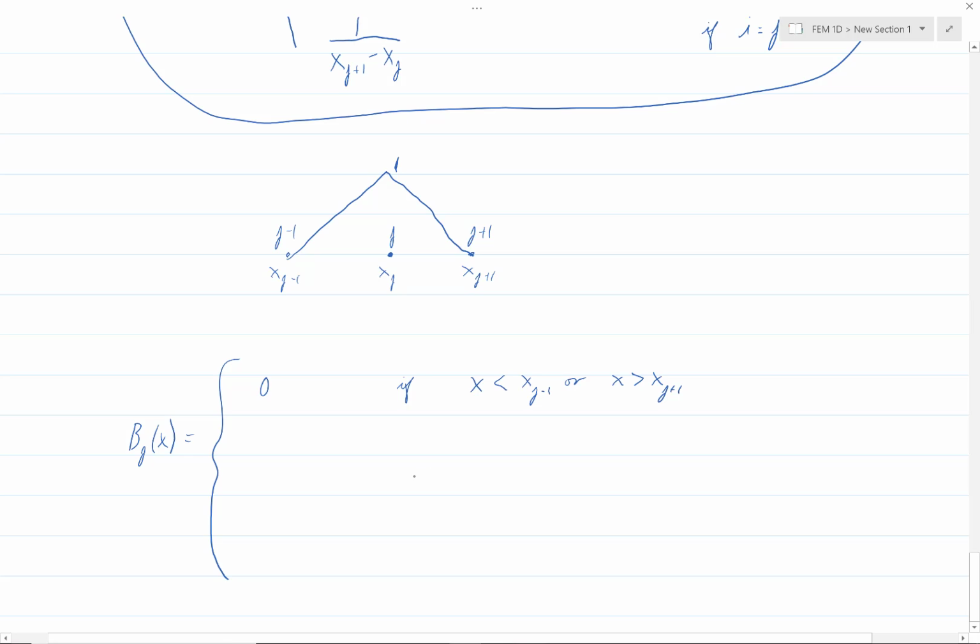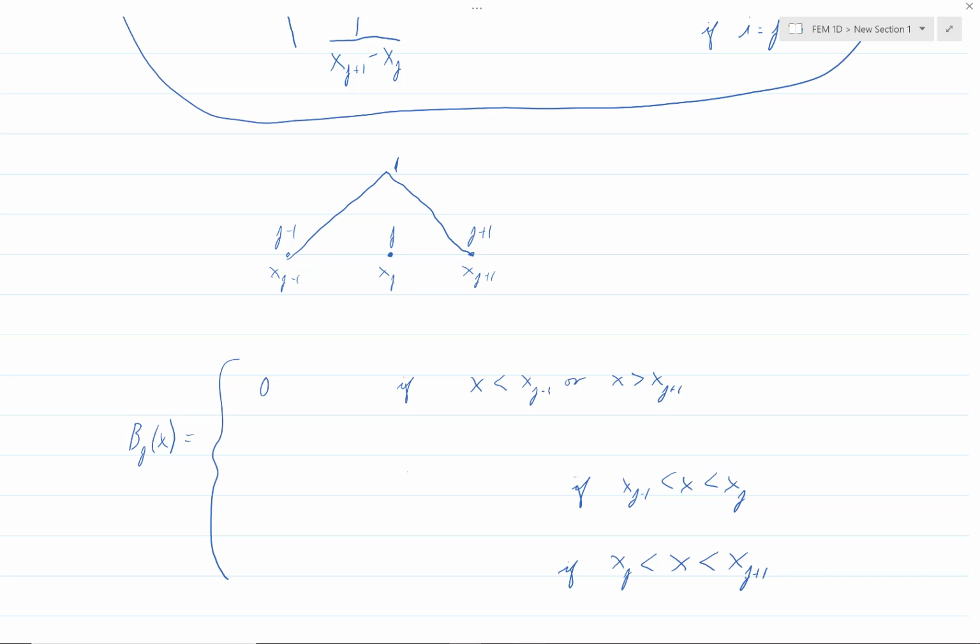And then we have to consider two more cases: if xj minus 1 is less than x is less than xj, or if xj is less than x is less than xj plus 1. So we just have to find expressions for bj in each of those two regions.